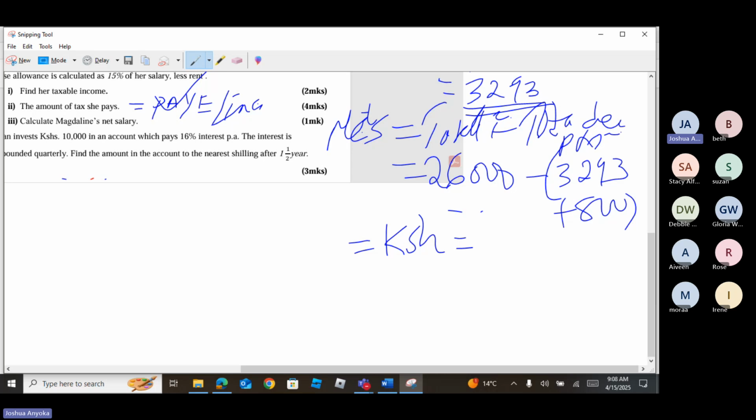Some will have recovery of loans, some social health insurance, whatever. So we will be told what is deducted from the person's salary, and we add all of them to this one. But nominal rent is always a deduction. And that's all. So what do you get?